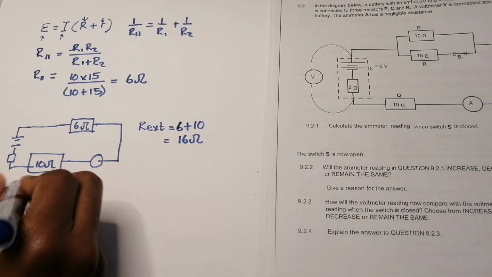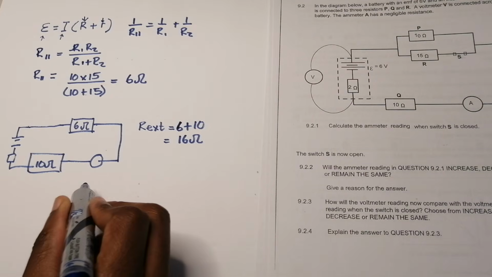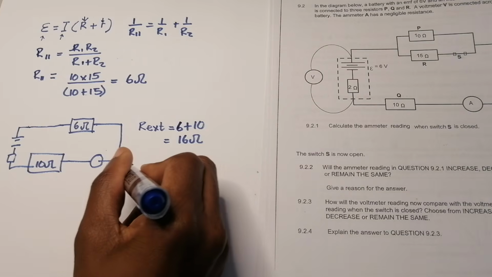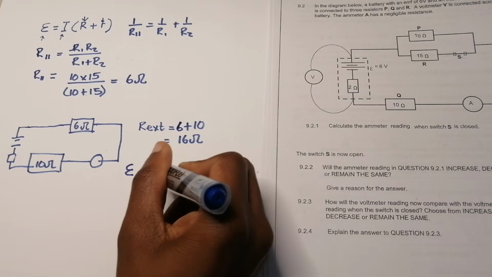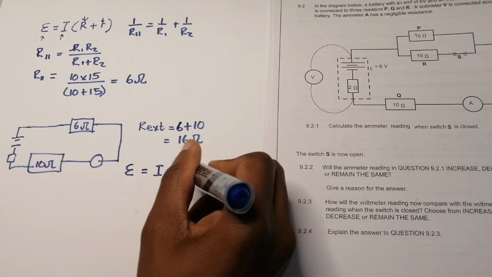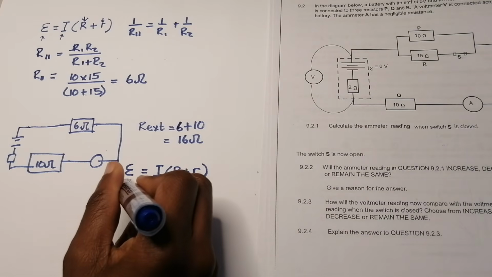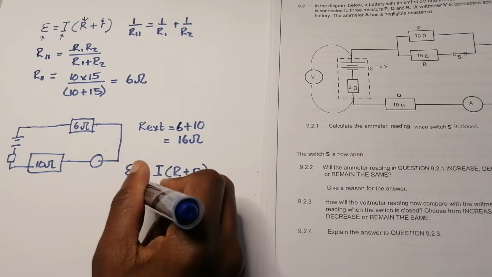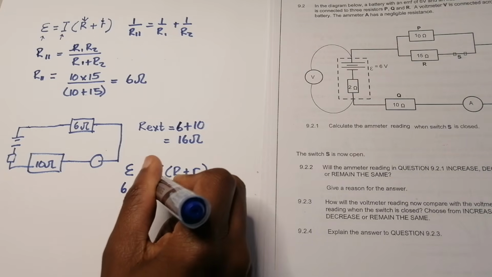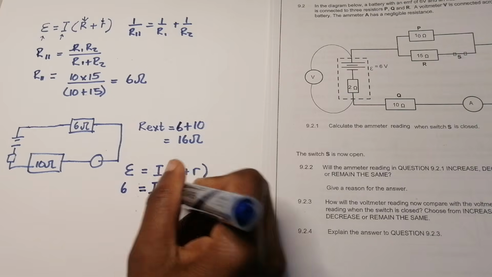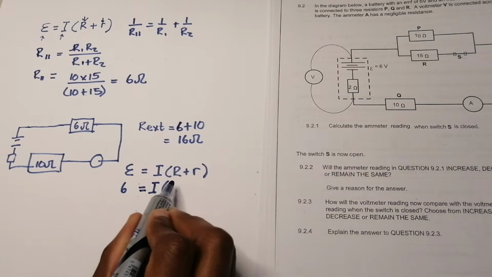Now, can we now calculate the current? Absolutely, right? We know that EMF, remember we said EMF is equal to I into R plus small r. E here is the EMF. They said it's 6 volts. We want the current. That's R external, remember.